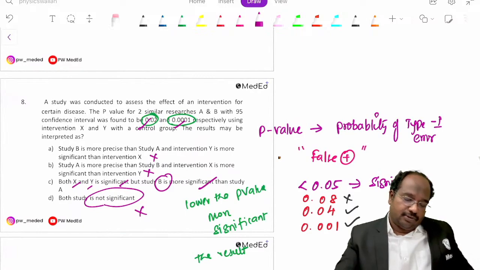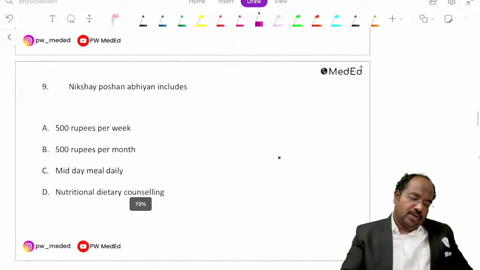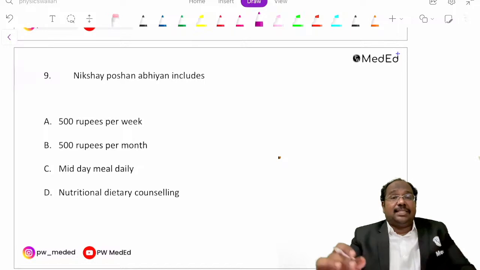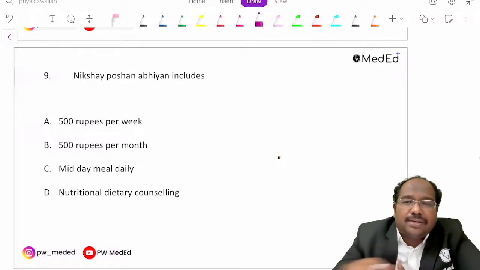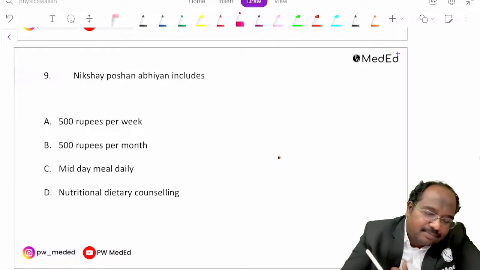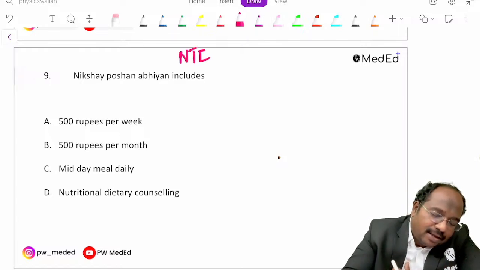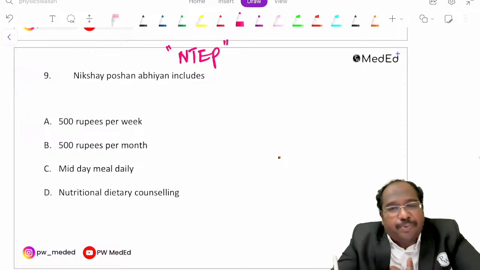Okay, we'll go to the next question, guys. What is this Nikshay Poshan Abhiyan? A few years back, I think 2-3 years back, this was an INI exam question. Okay, this is part of which program? Yes, part of NTEP, National TB Elimination Program.